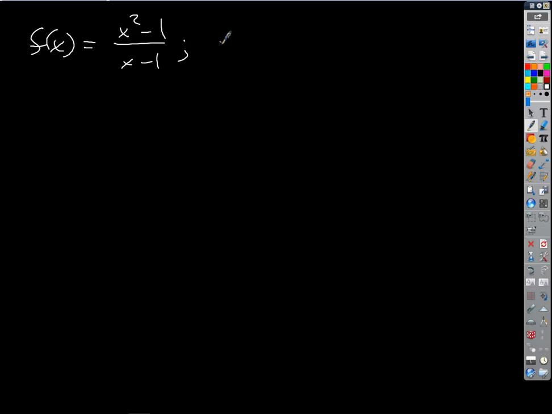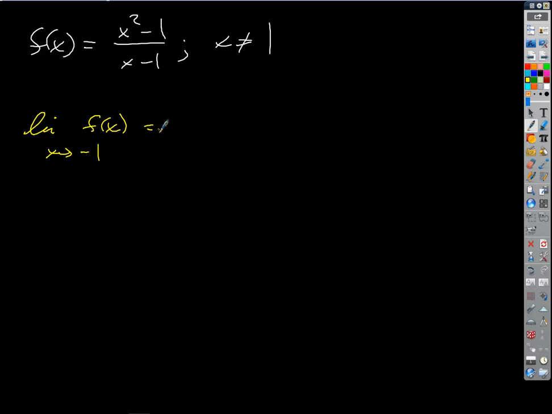Okay, let's do two things. Let me find the limit of f of x as x approaches -1. Well, what's that going to give us? As I approach -1, I'm going to get 0, aren't I?